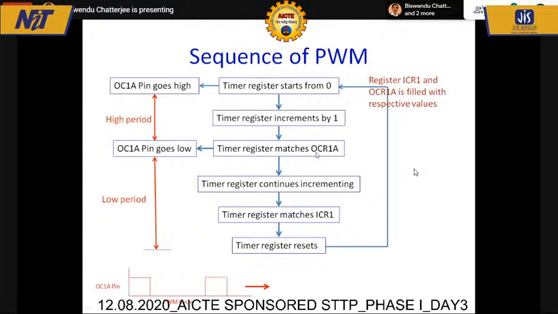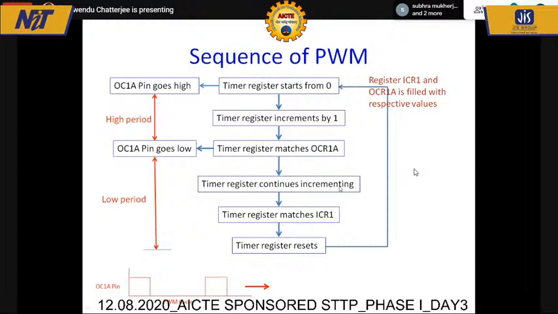We have given a value to another register, OCR1A. Remember, these are all 16-bit. So the total time period and pulse width are all controlled by 16-bit values, which is a very precise control. The timer register matches OCR1A and the OC1A pin goes low. This is the high period.